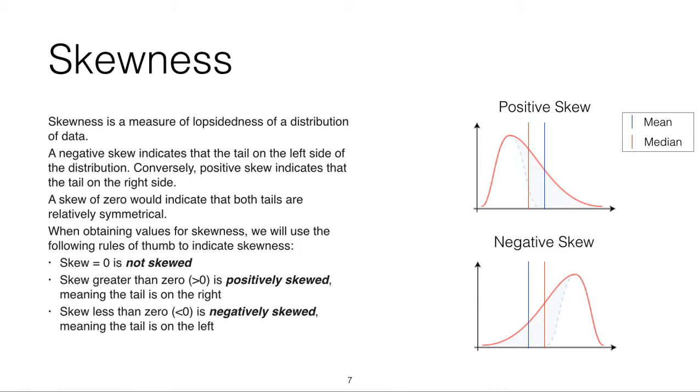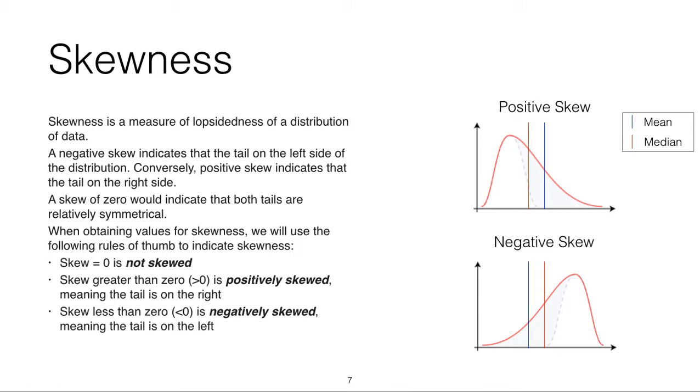Skewness. Skewness, again, may be a metric that is new to many people. However, you've heard the word skewness before. Skewness means the lopsidedness of a distribution of the data.